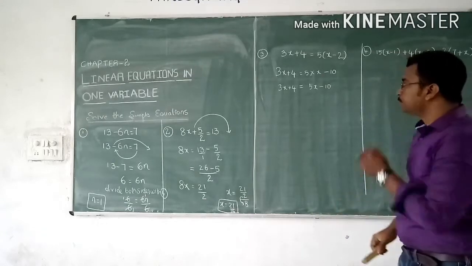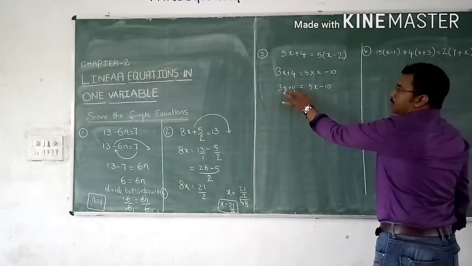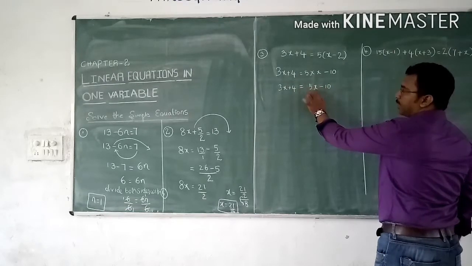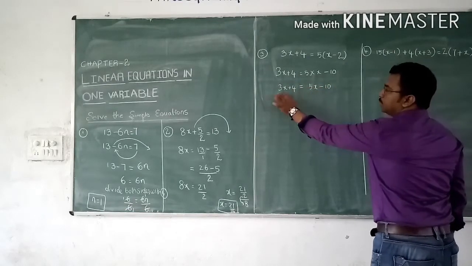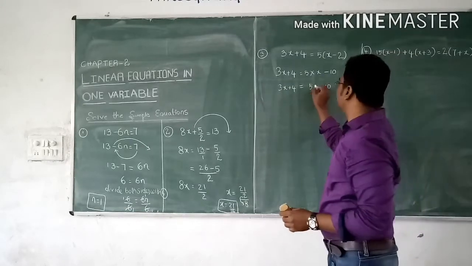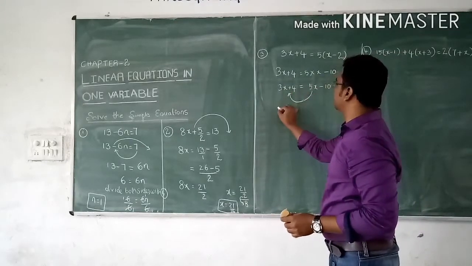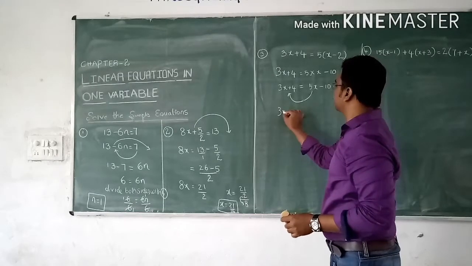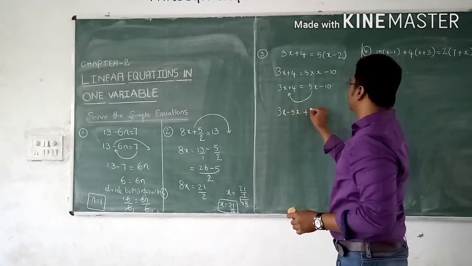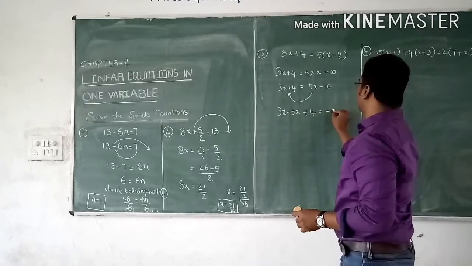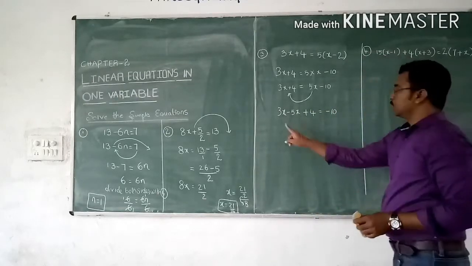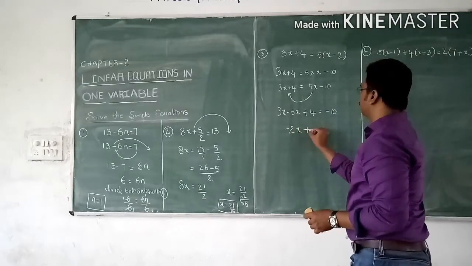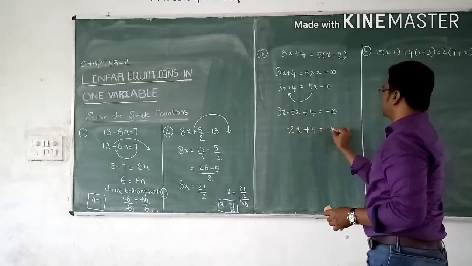See here, I am transposing this plus 4 to this side, and I am transposing the 5x to the left hand side. So 3x minus 5x plus 4 is equal to minus 10. So 3x minus 5x is minus 2x, plus 4 is equal to minus 10.